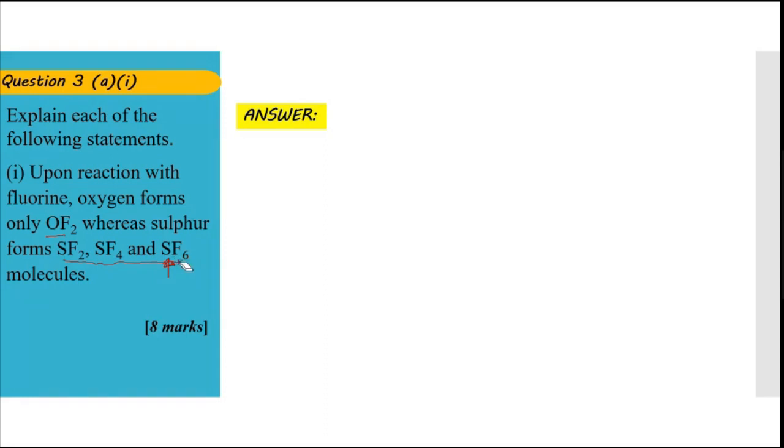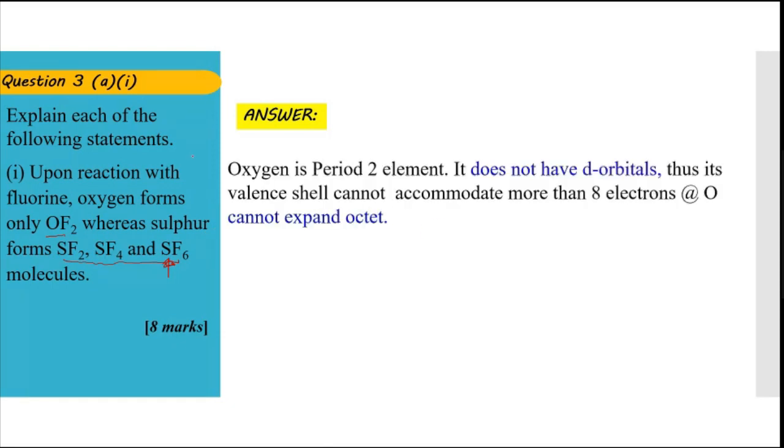So can sulfur take 12 valence electrons? If it can, why? The reason here is because of the location. Oxygen is a period 2 element. It does not have d orbitals. For a period 2 element, the outermost shell is n equal to 2. When n equal to 2, l equal to 0, 1, so the orbitals allowed are s to p.